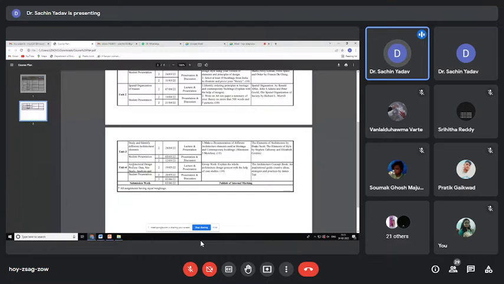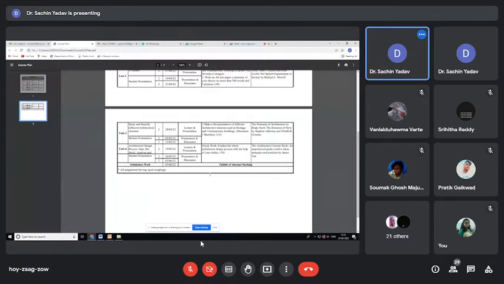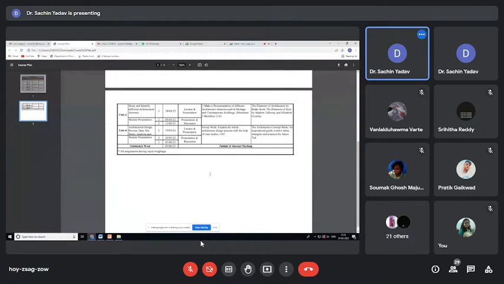In this unit 4, you have to choose one case study, right? In that case study, you have to make a presentation on the data collection, on the site study, on the whole analysis part, and at the end you have to create the inferences, right?